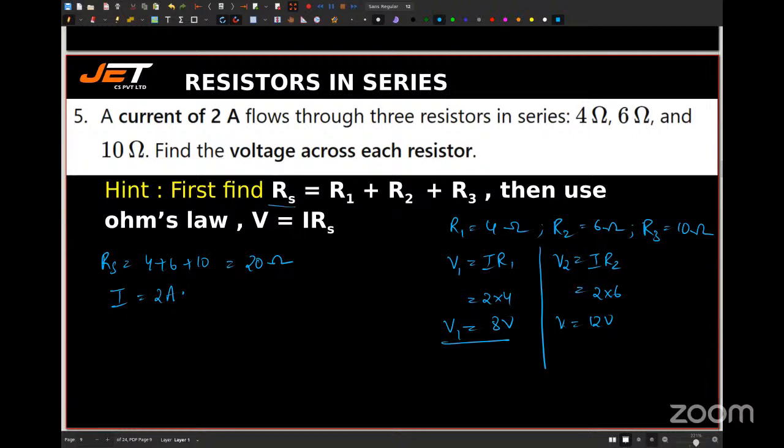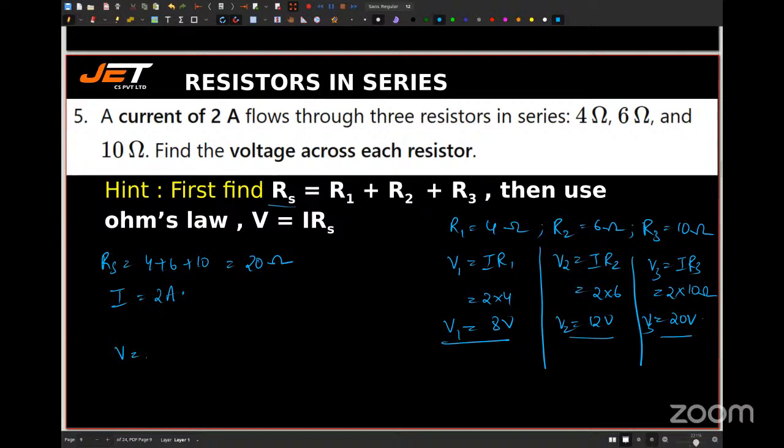This is V2, and then we have V3 is equal to I into R3, which is equal to 2 into 10 ohms, that is equal to 20 volts. Okay, so what will be the total? So this is voltage across each resistor. This is V3. If you want to find out the total voltage in the circuit, what do we do?